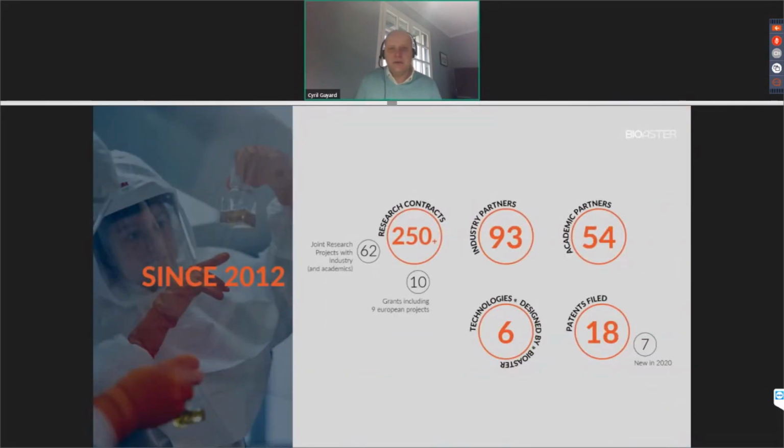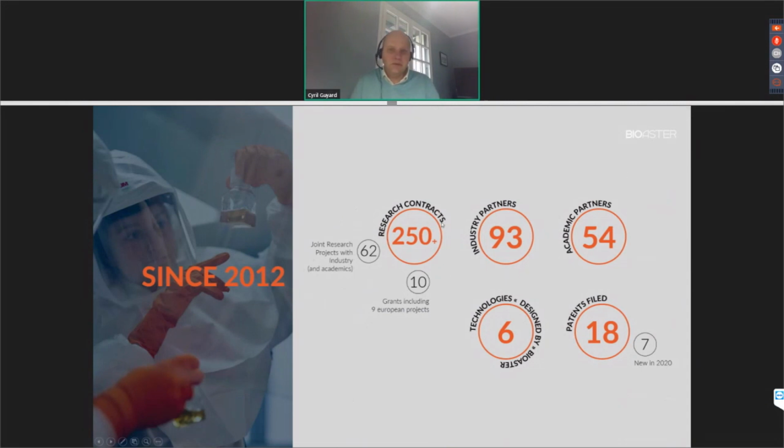Since our creation in 2012, we managed to obtain and agree on 250 research contracts. A large part of our activities in terms of volume is dedicated to our joint research projects with industry, and with academics, with a total number of 62.